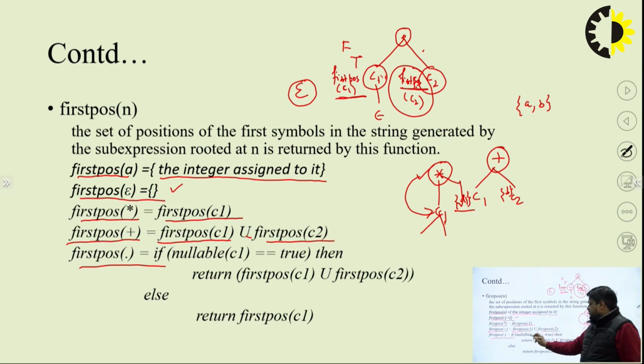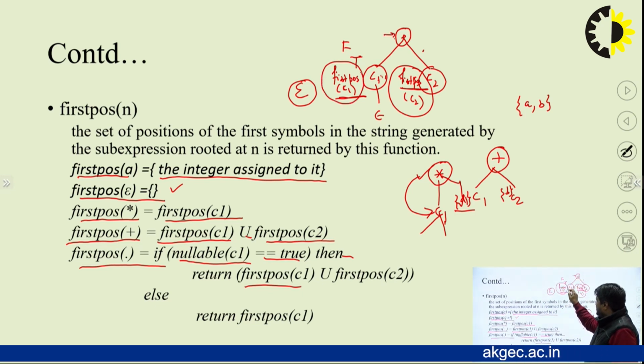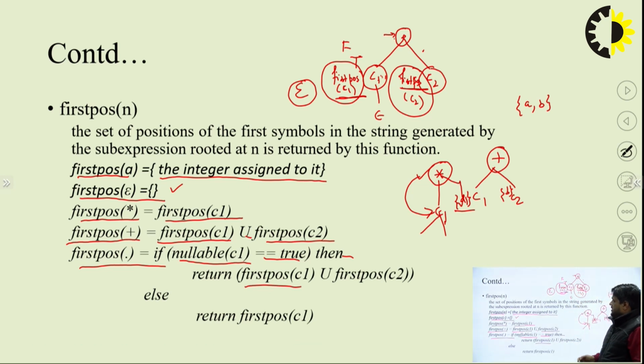So from here you can see, if nullable C1 is equal to true, then the first position will be acquired by this particular member, the first position of C1. It has the capability to generate epsilon, so if it produces epsilon, it will also depend on this one, as I told you earlier.